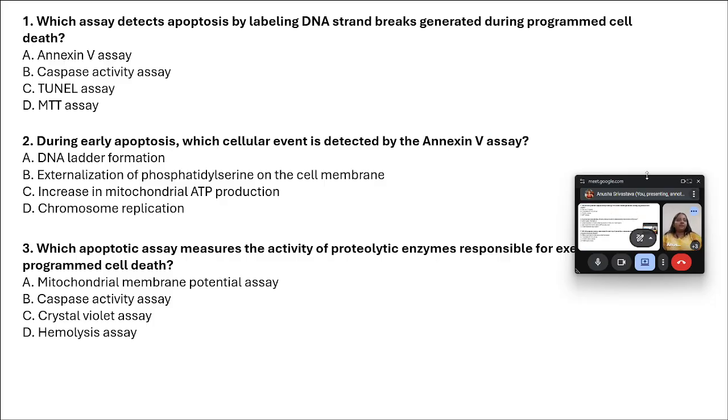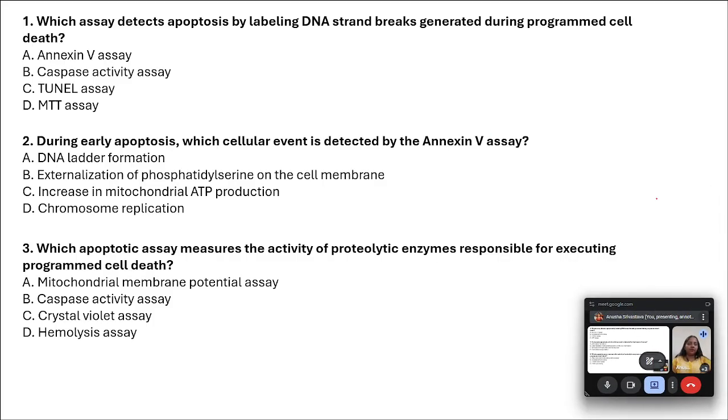Now let's try attempting some of the questions before we move forward to in vitro hemocompatibility tests. I'll wait for maybe a minute or two for you to attempt these questions, and then we'll discuss and move forward to the next topic.